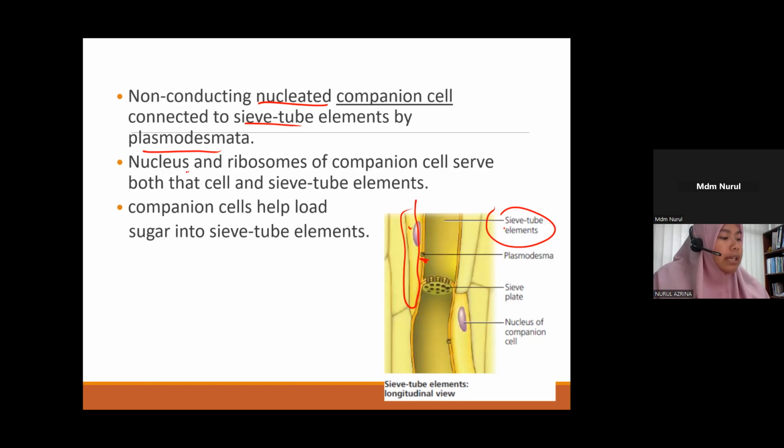The nucleus and ribosome of the companion cell serve both the sieve tube element and the companion cell. That's why phloem is alive at maturity. The companion cell helps to load sugar into the sieve tube element, and then the sugar can be transported along the sieve tube.